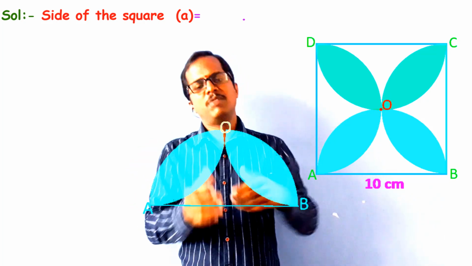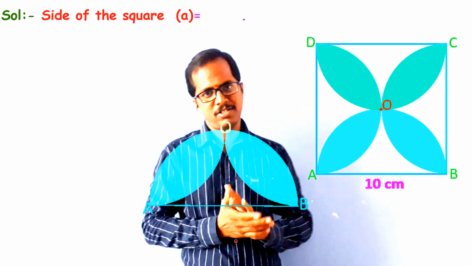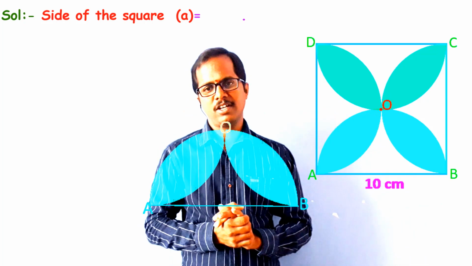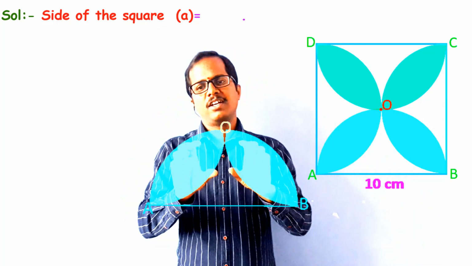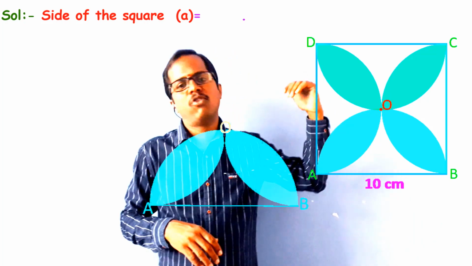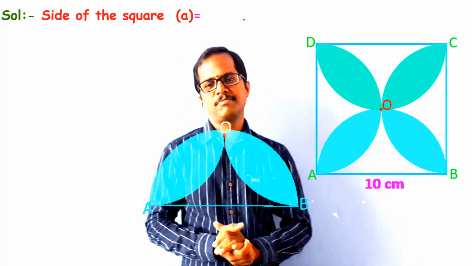That area will be equal to the remaining two shaded portions, since all the four shaded parts are equal in size. So if we get the area of these two shaded portions, then we can also get the area of all the four shaded parts, which is the required answer.